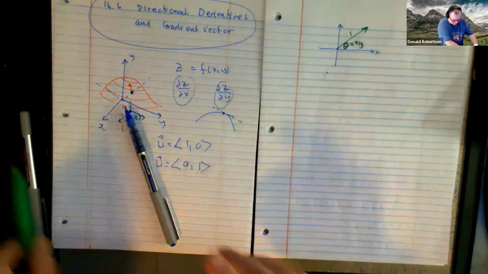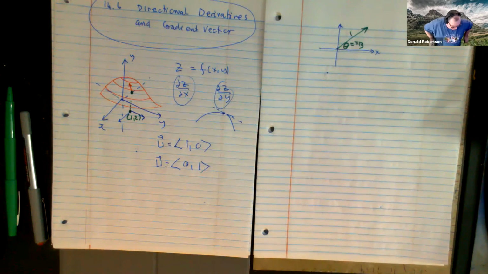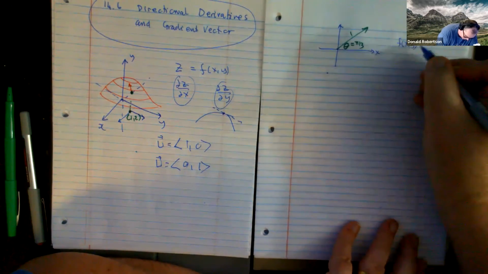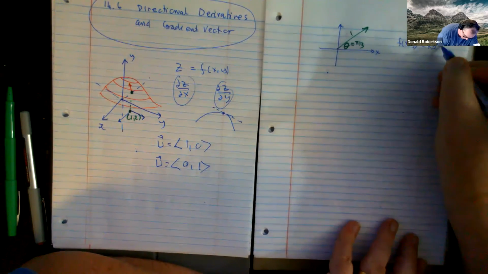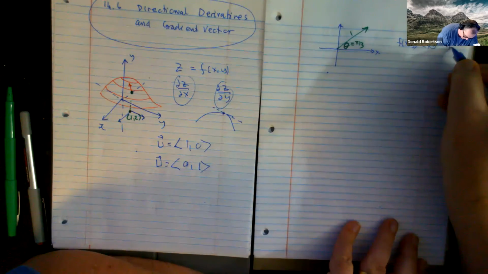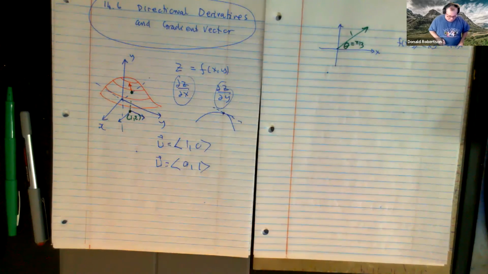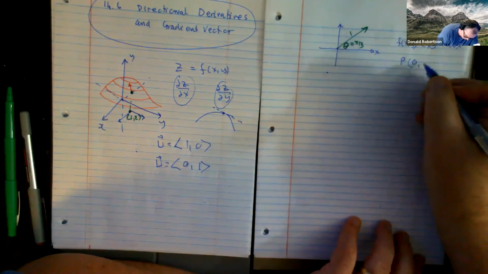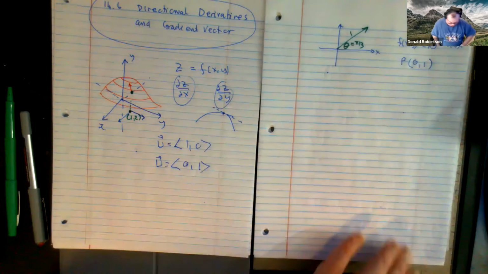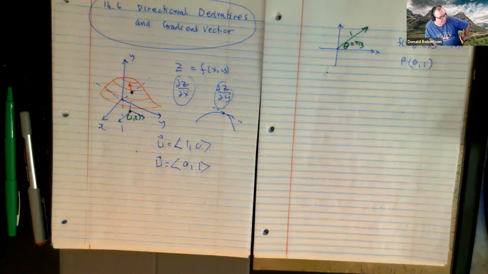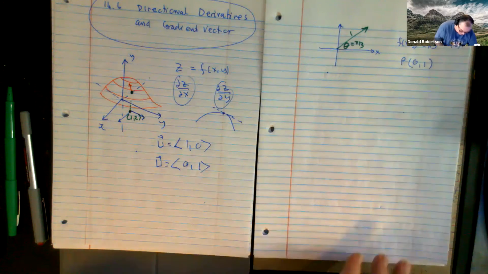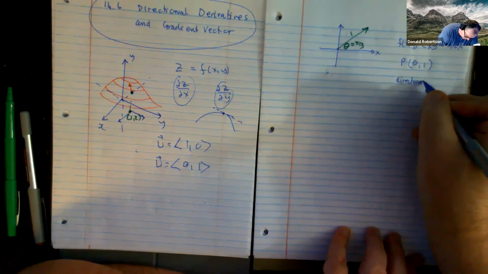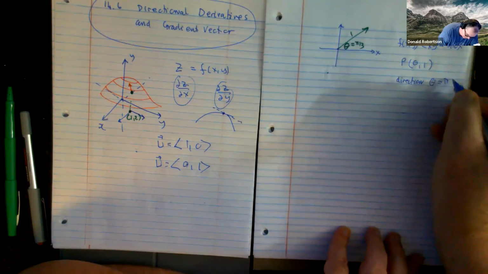And I'd like to know the directional derivative of this function at the point 0, 1, and the direction is pi upon 3.